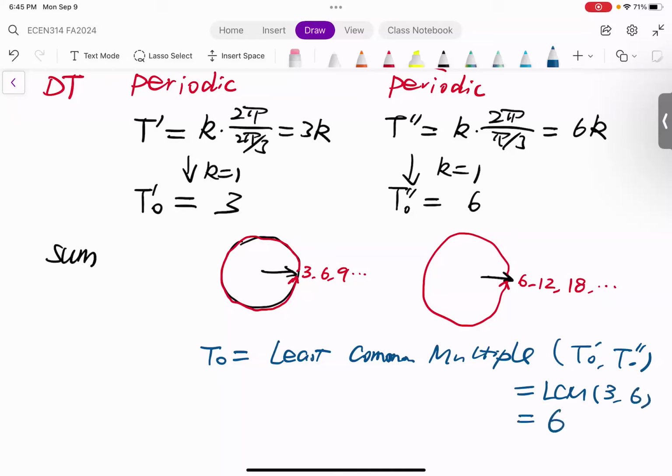That is 6. Because, again, let me continue writing here: 12, 15, 18, and so on. So 6 would work. 12 would work. 18 would work. And these are common multiples. I'm just looking at the smallest common multiple, and that is 6.